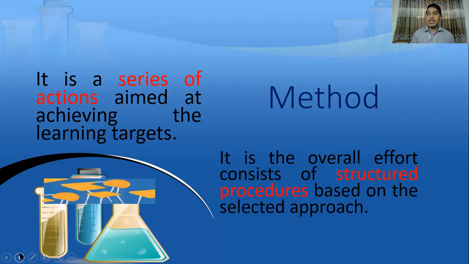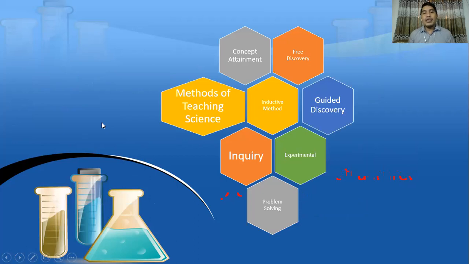And this could be a series of activities that we're going to employ in the class, but take note that we carefully design this repertoire so that we will be able to successfully achieve our learning targets. There are 8 methods of teaching science that we are going to discuss in this video presentation.